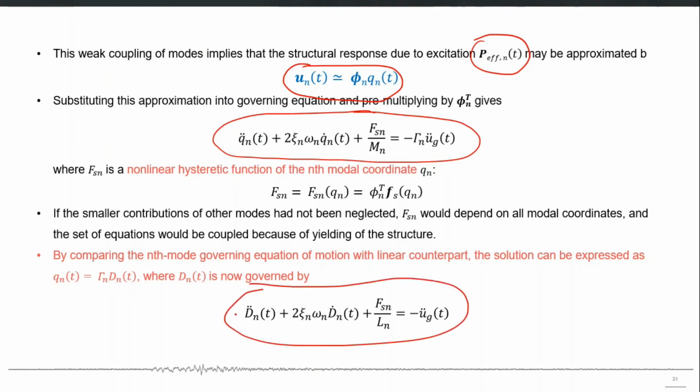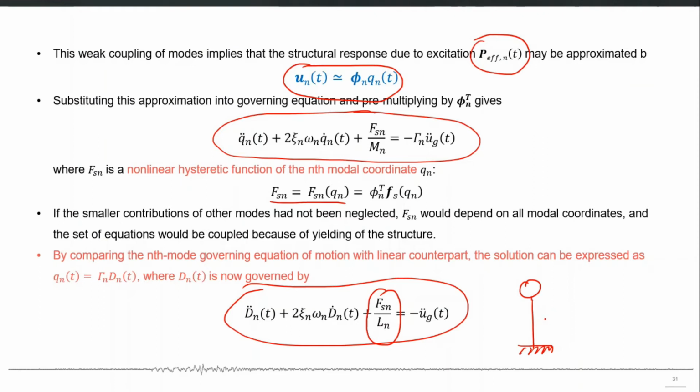This equation is now again the equation of a single degree of freedom system, but with one difference, and that difference is that here the elastic term is replaced by a nonlinear function, which is Fsn. Fsn is a nonlinear function now. It is representing the nonlinear force deformation behavior of a nonlinear single degree of freedom system. So if I draw a single degree of freedom system, it is not represented by a constant k number.